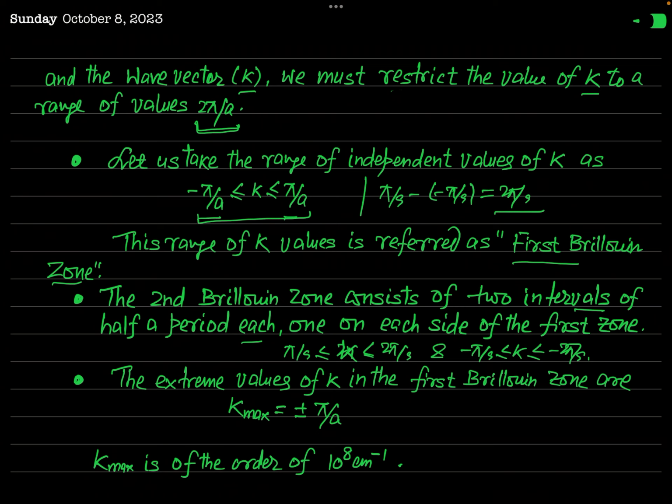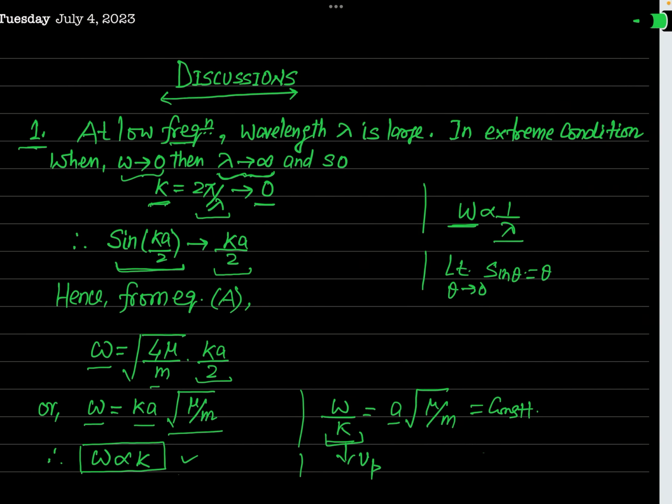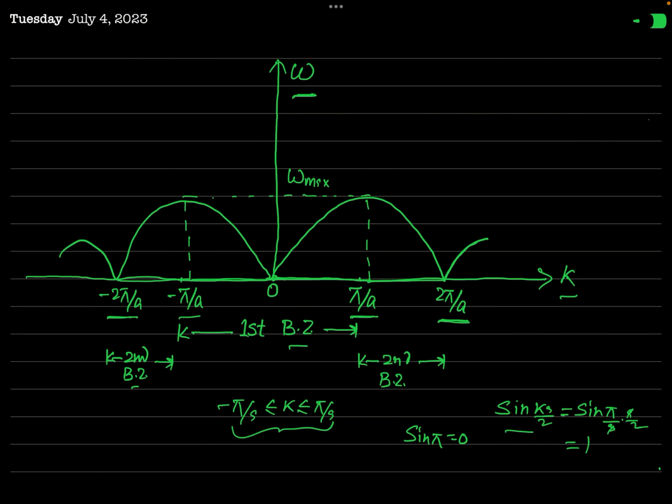Now you can see the value of k at the boundary of the first Brillouin zone is either plus pi by a or minus pi by a. These are the boundaries, and at the boundary on the positive side, the value of k is pi by a, and on the negative side this is minus pi by a.